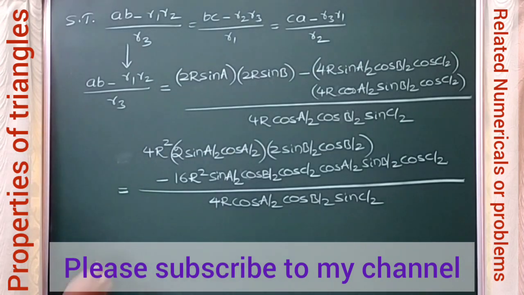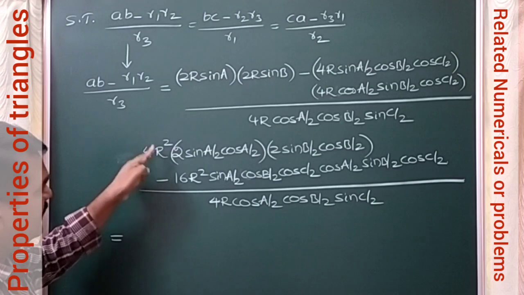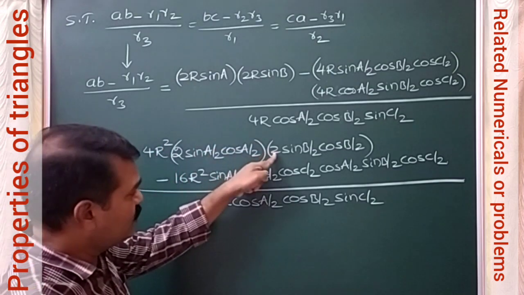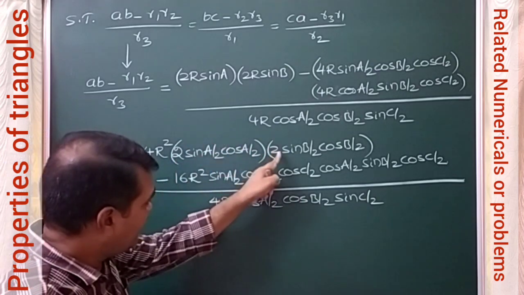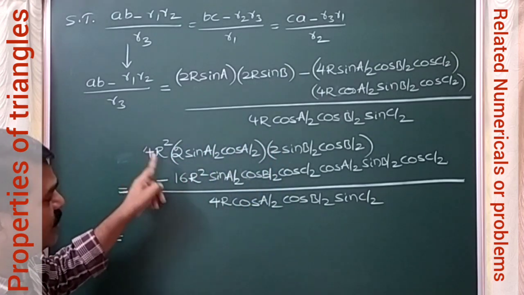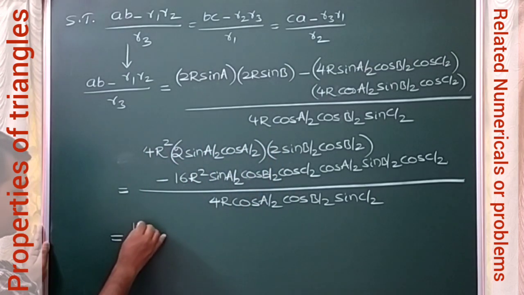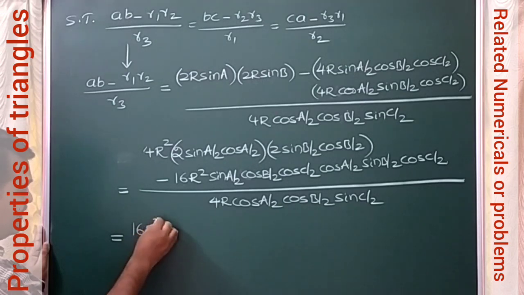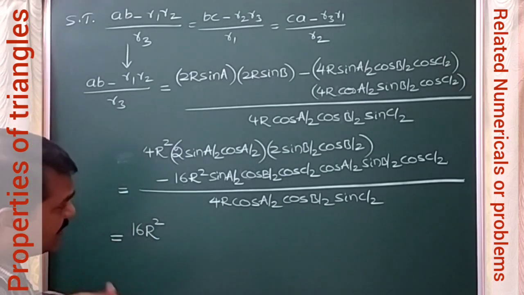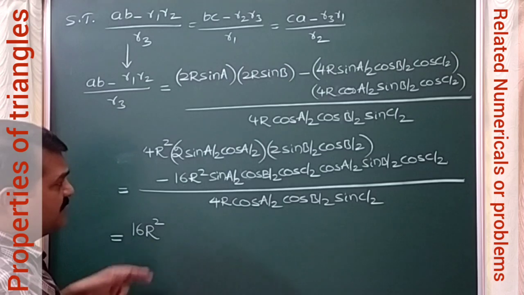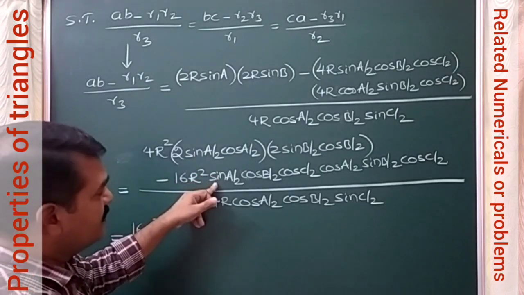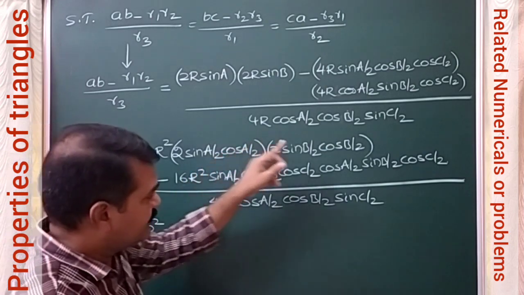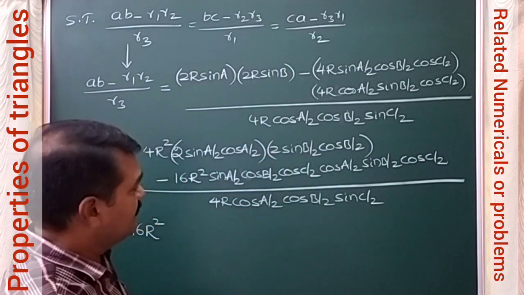Now in the numerator part, 4R square into 2 into 2, 16R square. So 16R square we can take common in these two. What other terms we can take common? Just observe. Sin A by 2 present in both. Cos A by 2 present in both.